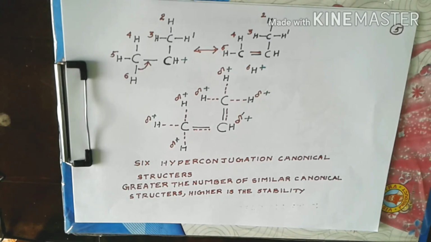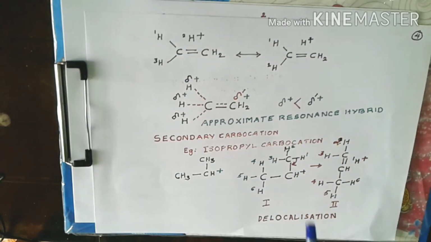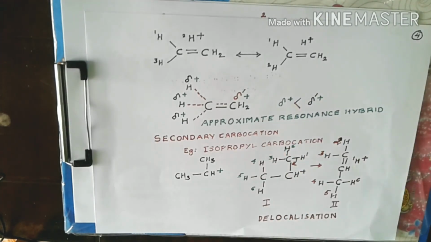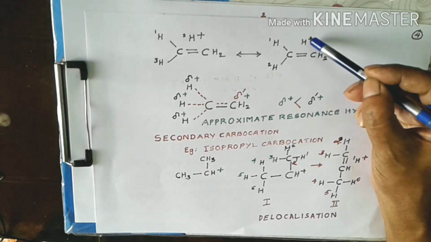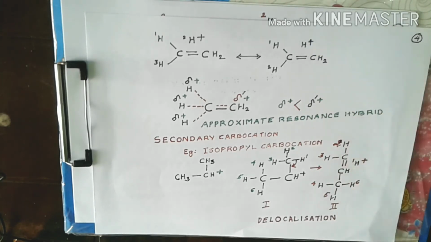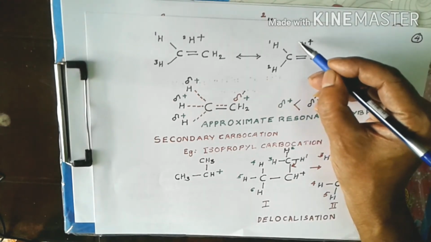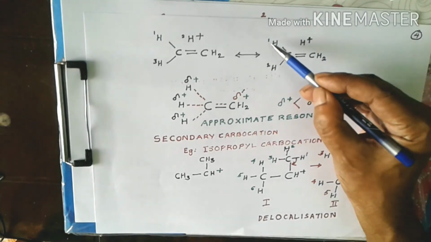Now in the case of ethyl carbocation, we have 3 hyperconjugation canonical structures. The 3 structures found here are similar in that here we have H plus as the first hydrogen atom, and 2 and 3 here.